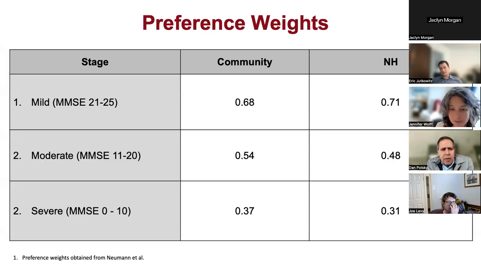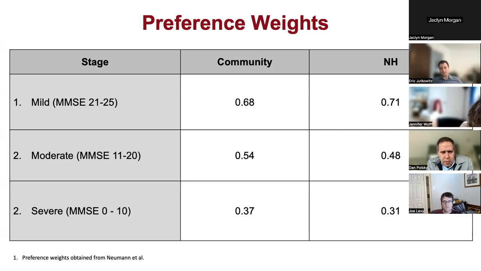So these are weights. Think of it as one being perfect health, completely preferred, and zero being completely unpreferred, like you wouldn't want it. That's like being dead. So a higher number is better. The way you calculate a quality adjusted life year is you multiply the amount of months a person spends in a given state by its preference weight.